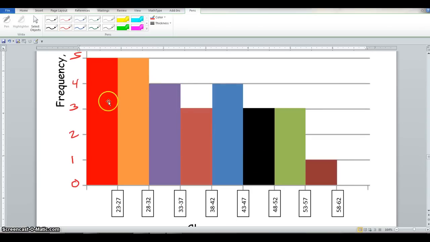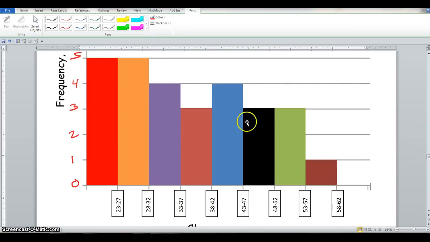Now our next graph, using the same information, we're going to construct a histogram. We still have our class intervals, or our classes, here with our class widths. From 0 to 23 through 27, we know this is a frequency of 5, and so on.